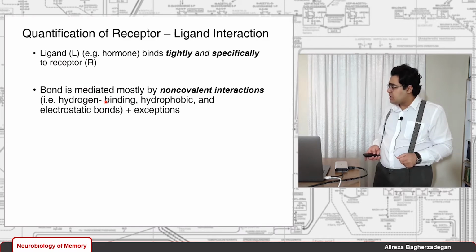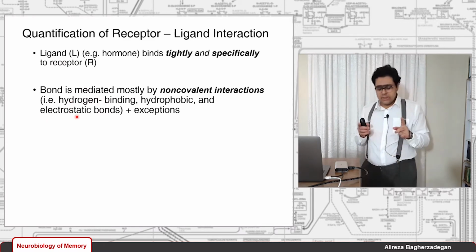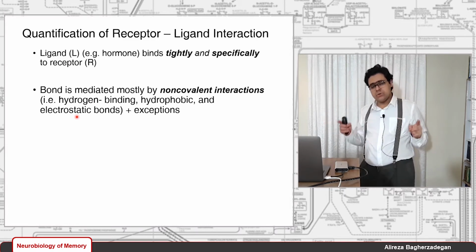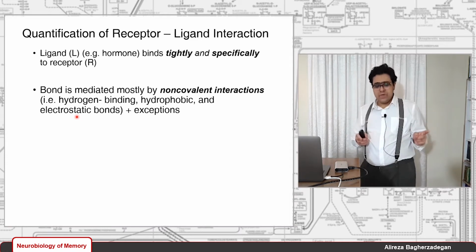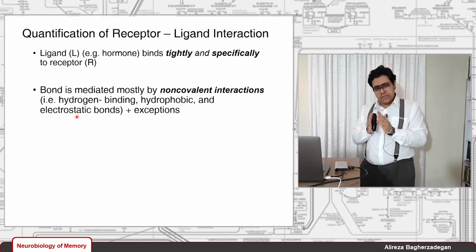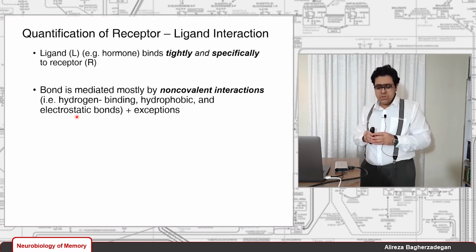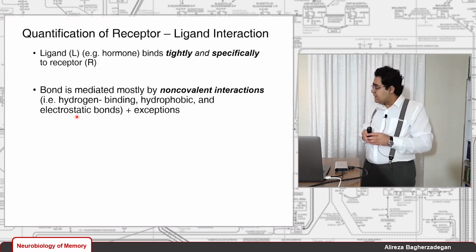The hydrogen bonds and electrostatic bonds work both in short and long distances, and they're both repulsive and attractive. But van der Waals interactions only work within short distances, and they're always attractive.